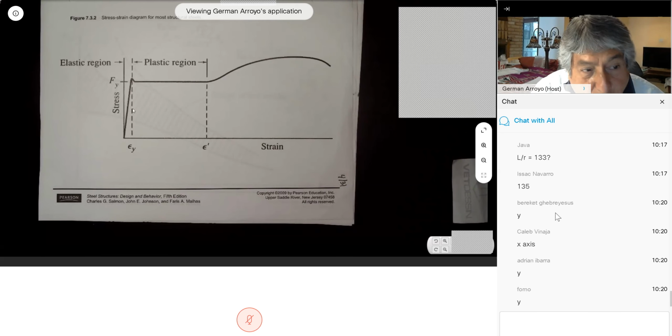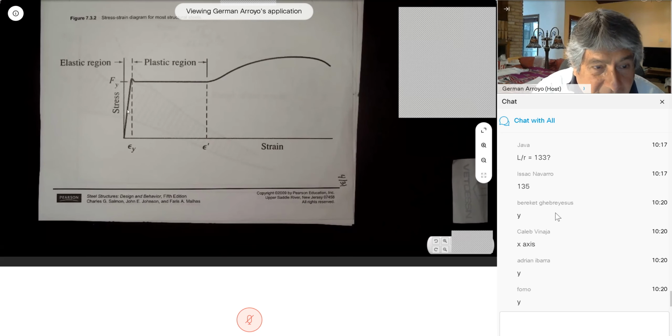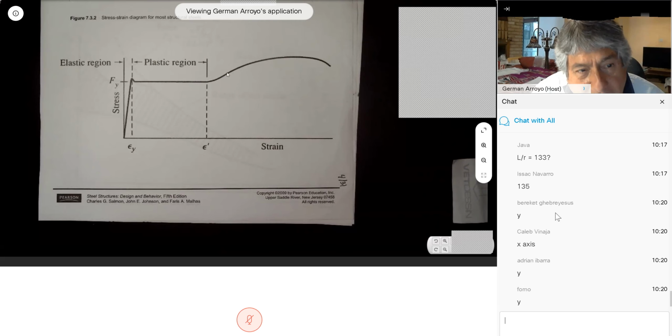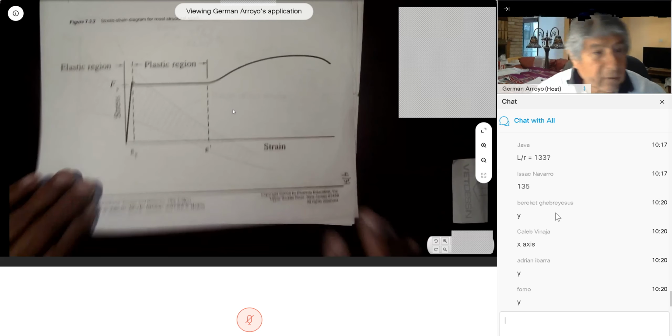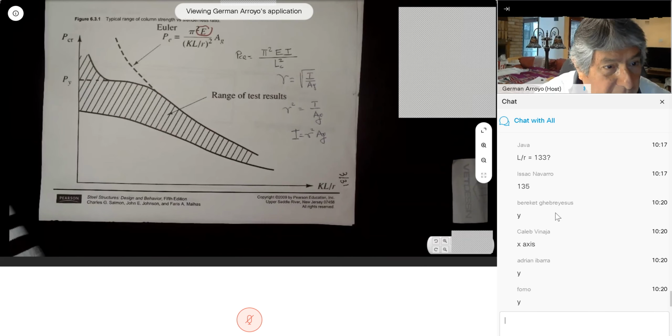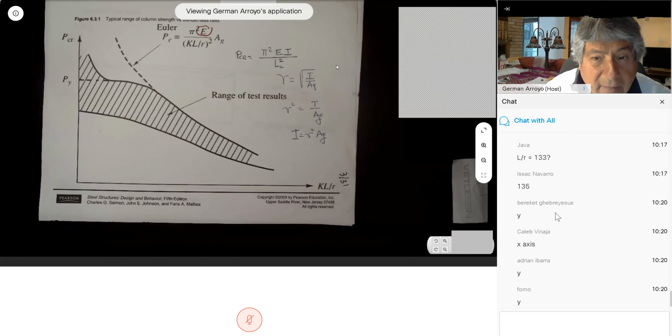You can see that the slope of this line is the modulus of elasticity. In here, we don't have the same modulus of elasticity. Here, they use a tangent value for the modulus of elasticity. It changes. That's the reason why this formula was failing, because we had inelastic and elastic. The code has already taken that into consideration. That's why we have two equations, one for inelastic, one for elastic.